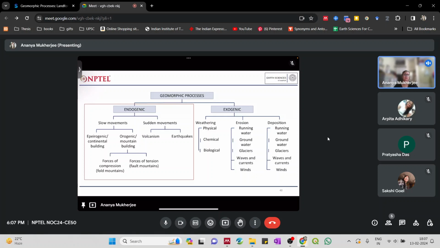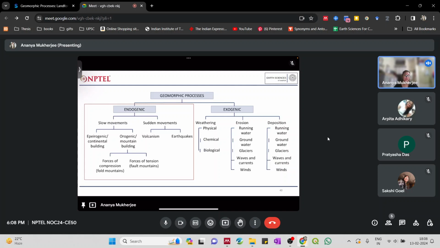Endogenic are mostly the processes or the movements that happen below the earth's surface. The causes for these movements are actually residing beneath the earth, and due to these movements we see changes happening on top of the earth's surface.